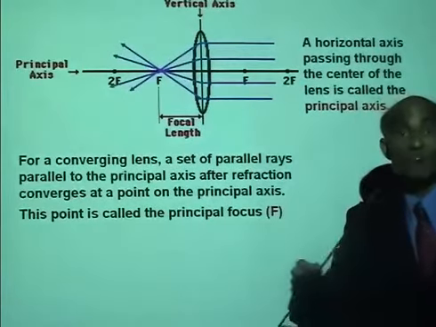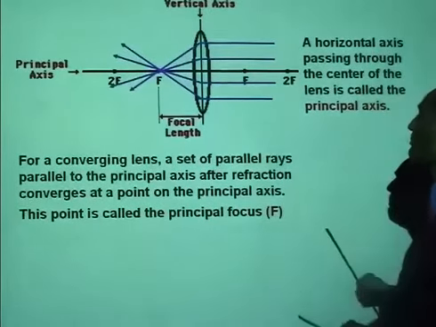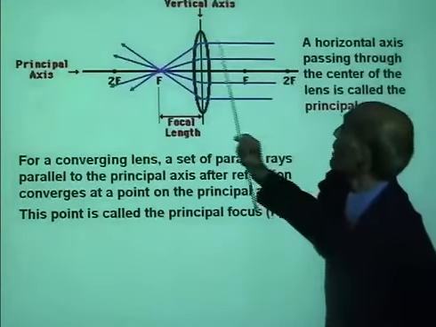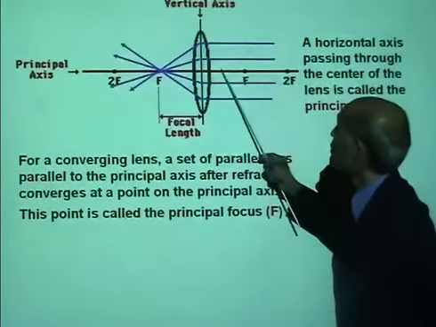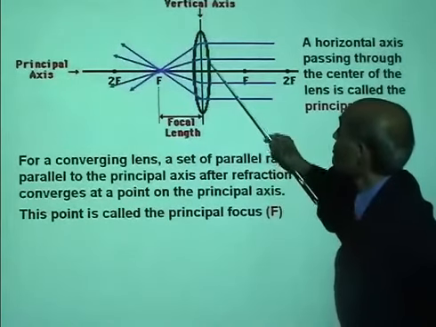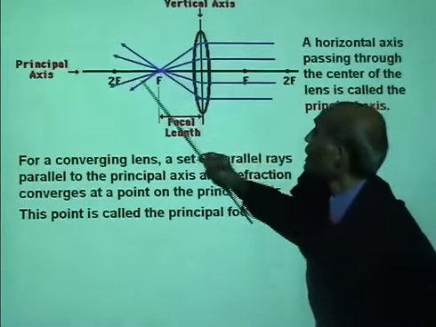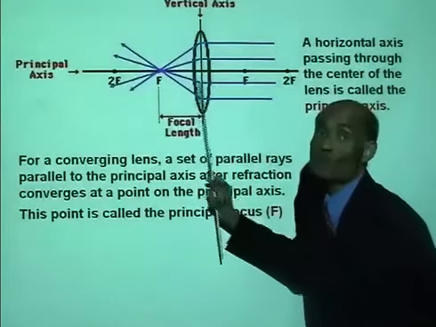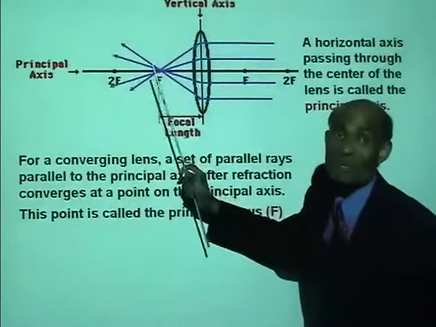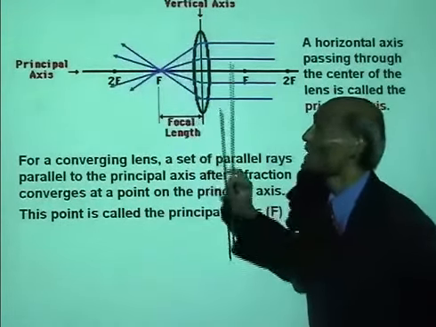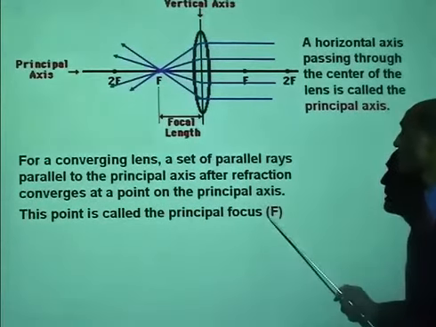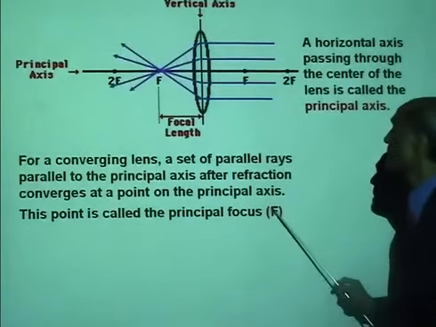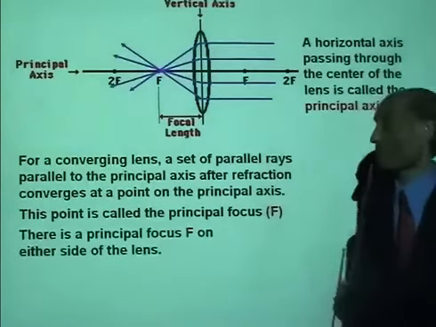I want you to know the definition of the principal focus. A set of rays parallel to the principal axis, after passing through the lens, will all converge at a point on the other side of the lens. And that point where they converge is called the principal focus of the lens. We will represent that by the uppercase F.